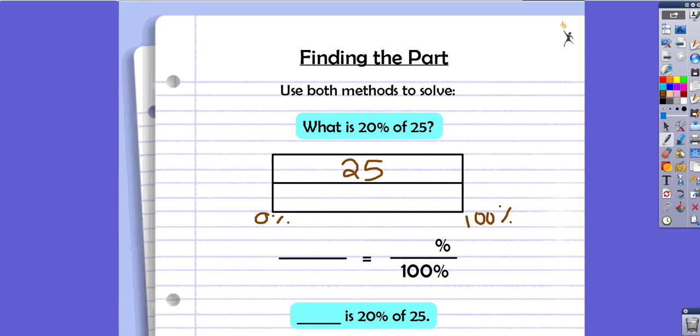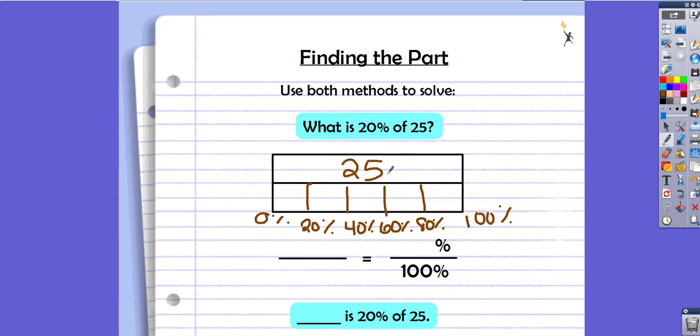I know 20% can go into 100 5 times because I have 20%, 40%, 60%, 80%, and then that gives me 100%. So let me put those percents.